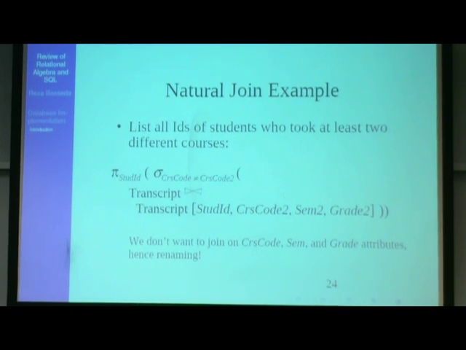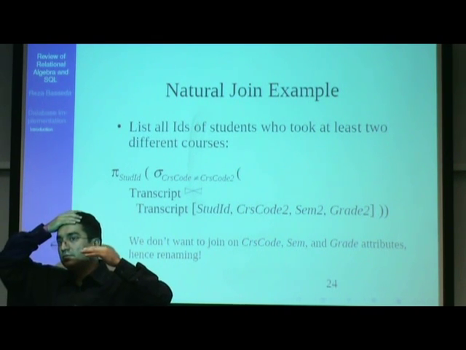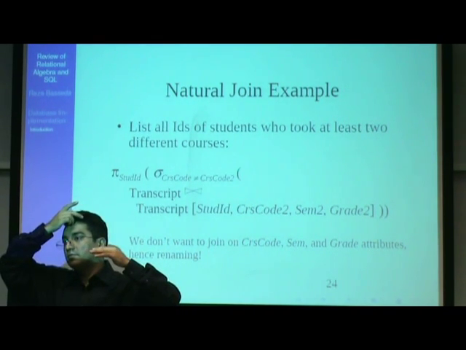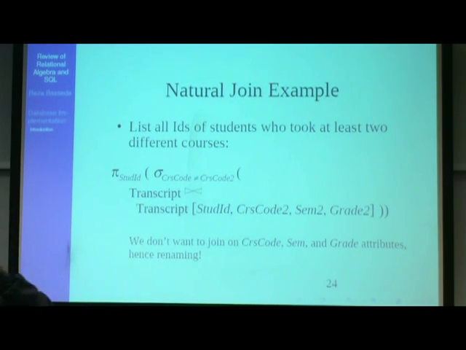But for each student ID, when the student ID is similar, if there are two different courses, they will be projected. But when you are duplicating, the same courses will be there, and when you are selecting those which are not equal, there will be zero entries, right?